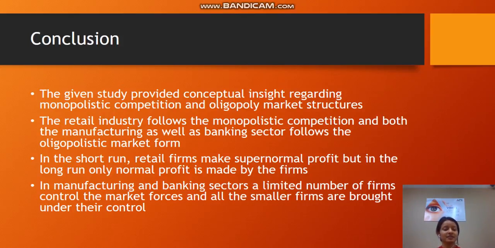Now concluding the presentation, I would like to say something. Based on the understanding derived, it could be understood that the retail market in Australia is mainly ruled by the monopolistic market. The manufacturing and banking sectors, on the other hand, are mainly dominated by oligopolistic competition.